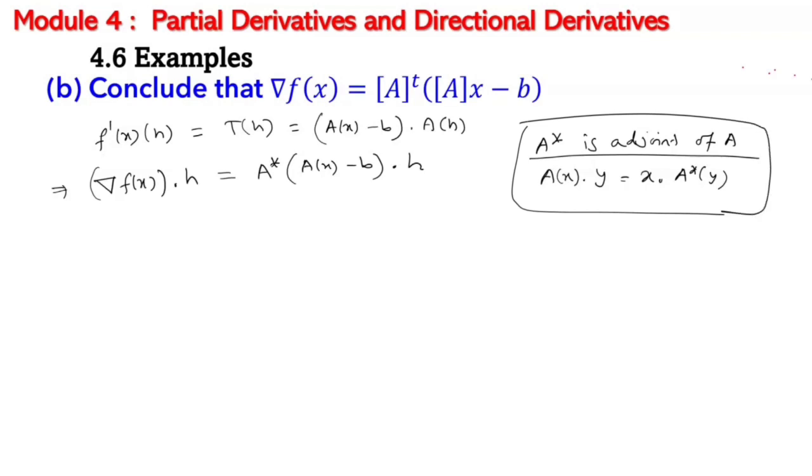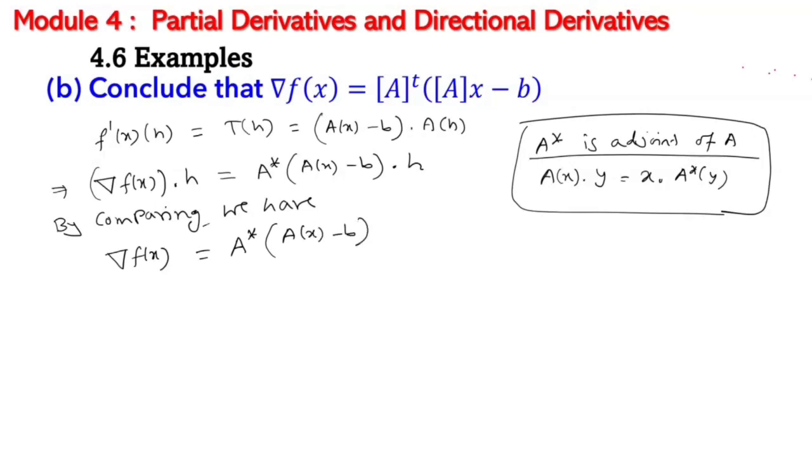Using this property, we can write it in this form. Therefore, by comparing, the gradient of f of x is equal to A star (Ax minus b).